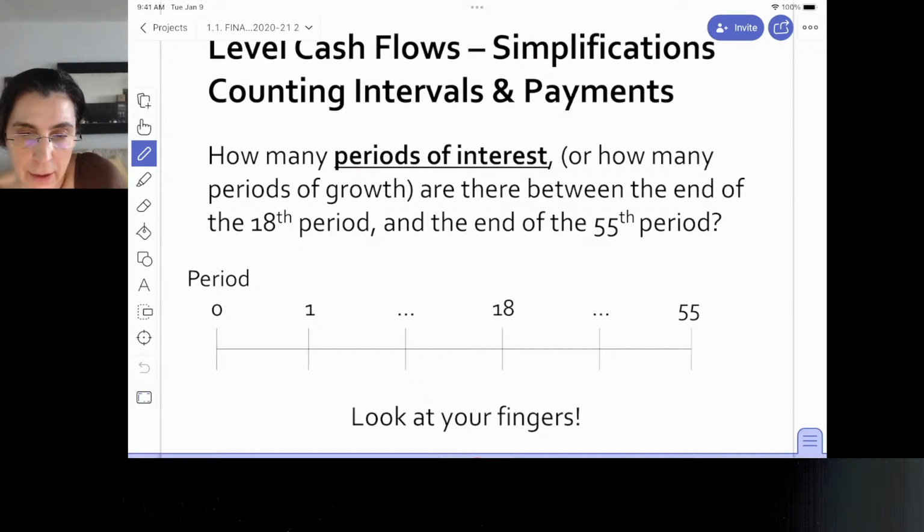So for that, you're trying to figure out how many marks, right? How many payments, how many large tick marks there are between 2 points in time. And I give some guidance here.